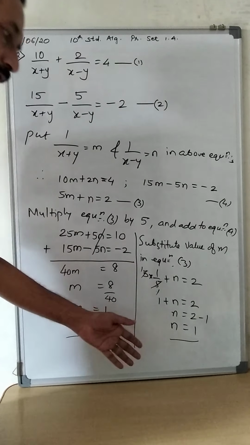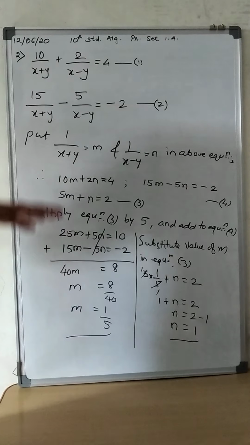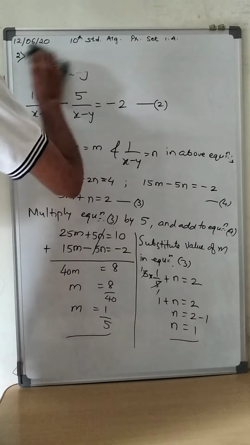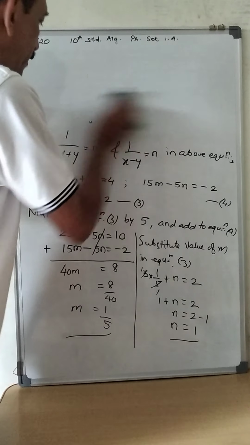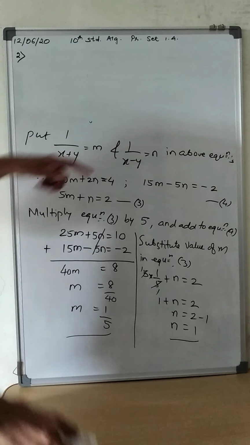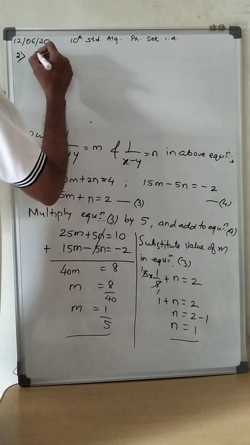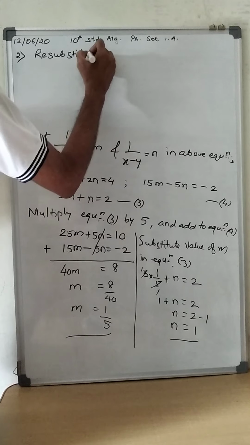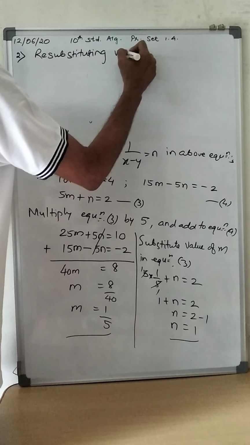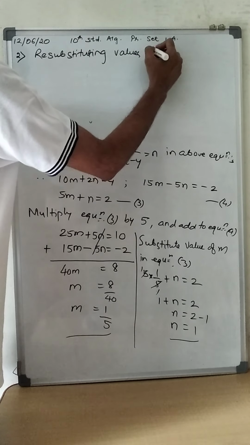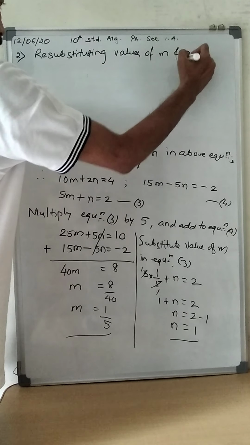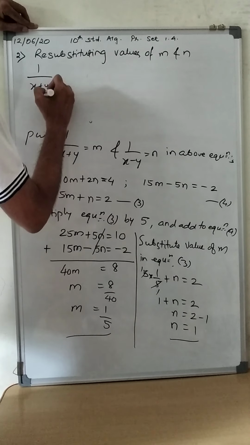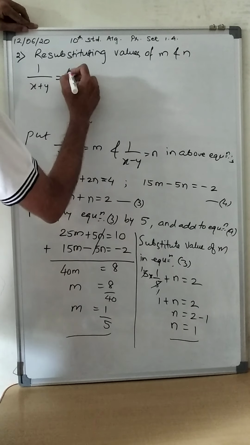Now we resubstitute the values of m and n in these equations. So resubstituting the values of m and n, we get 1 upon x plus y is equal to 1 upon 5.